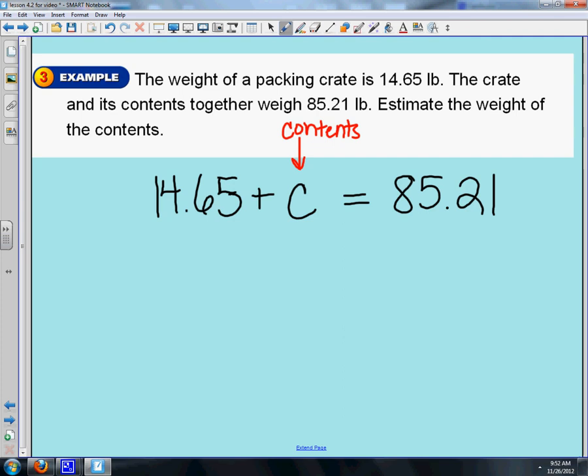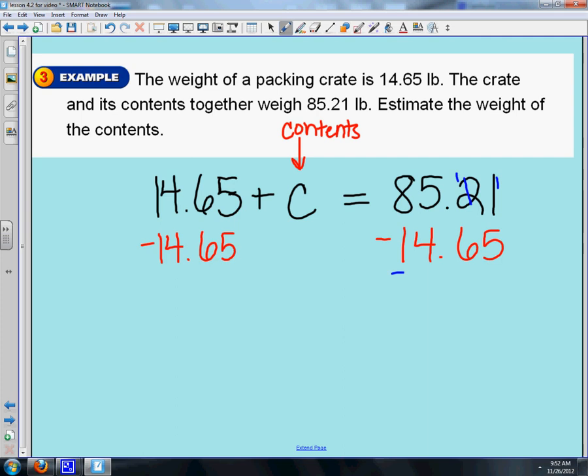So what I'm going to do is subtract these two numbers. I'm going to subtract the weight of the crate from the total, and that will give me how much it weighs. So you have to do some simple math. This becomes an 11 and this becomes a 1.